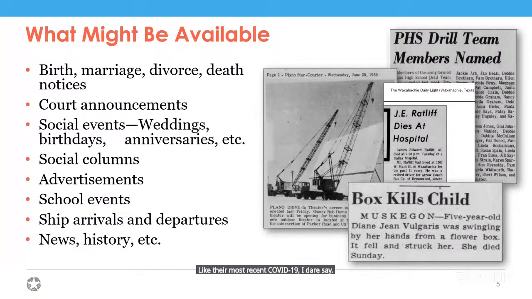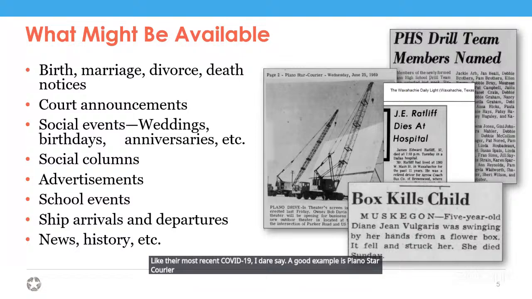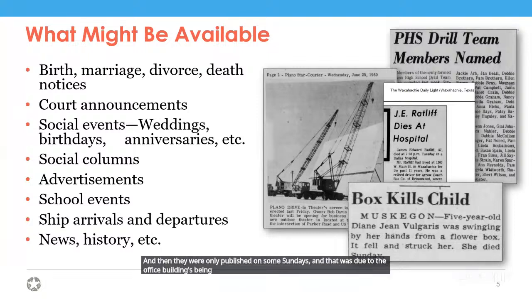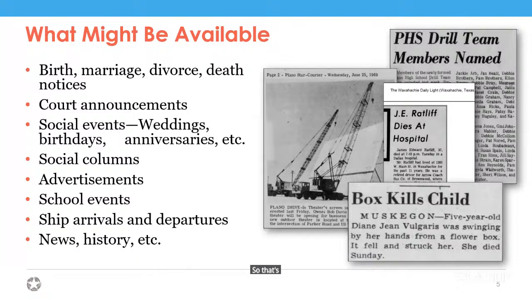A good example is the Plano Star Courier didn't publish for a number of weeks during the lockdowns for COVID-19. And then they were only published on some Sundays, and that was due to the office buildings being closed during the lockdown. So that's a more recent historic example, and there have been others.